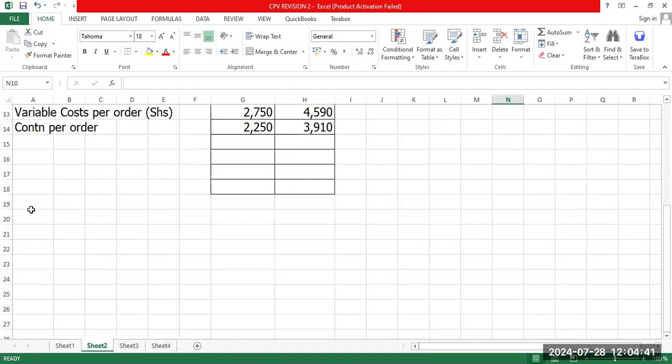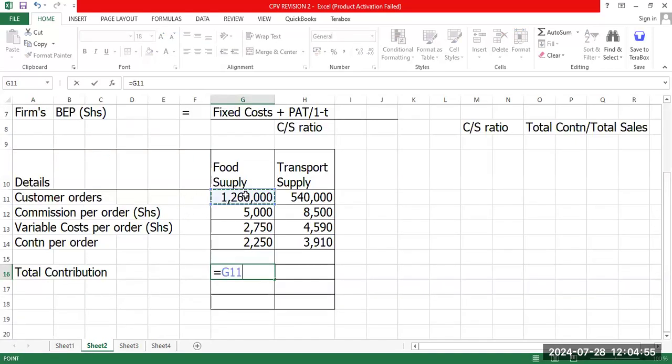If you want to get total contribution, it's number of orders times contribution per order.